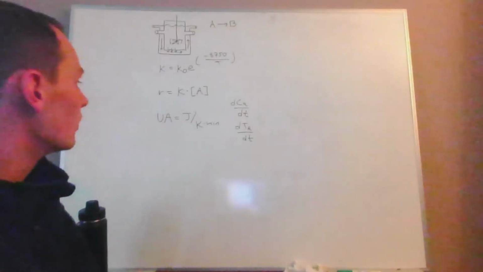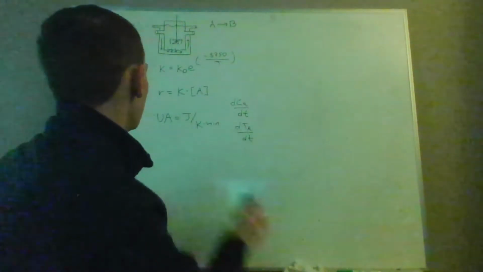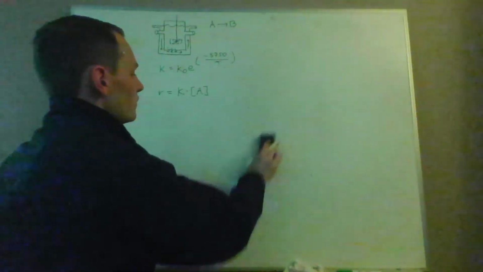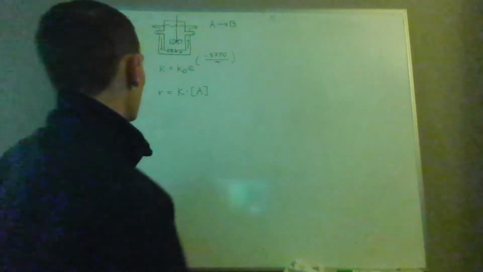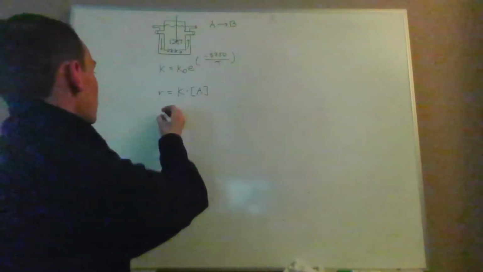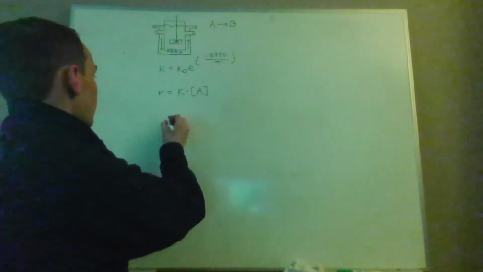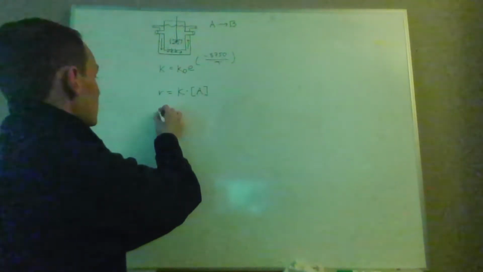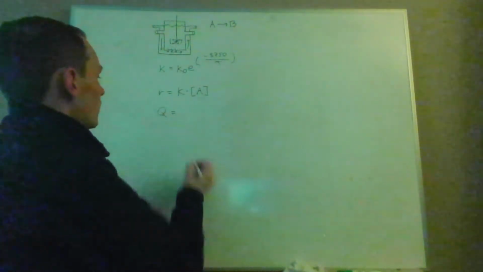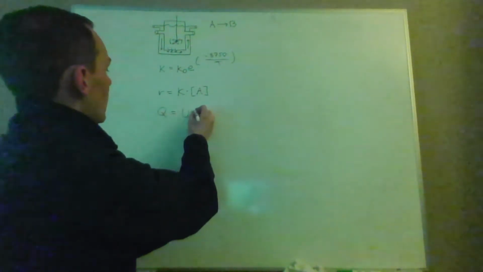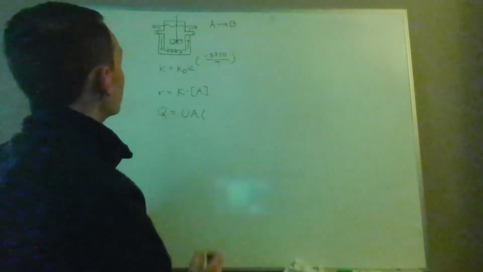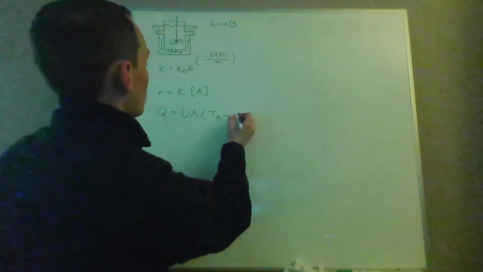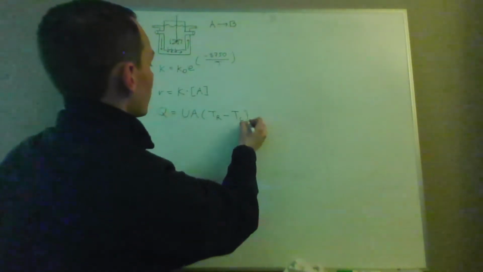So if there's a higher temperature difference, there's going to be more heat transferred into our coolant. So this expression is going to be very easy to write, because our rate of heat transfer, which I don't know what exactly we should denote that as, maybe uppercase Q, is going to be based on UA times the temperature of our reactor minus the temperature of our coolant.